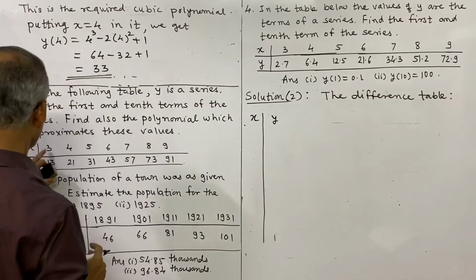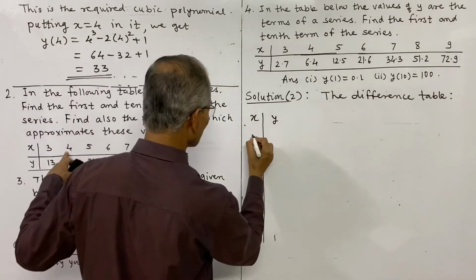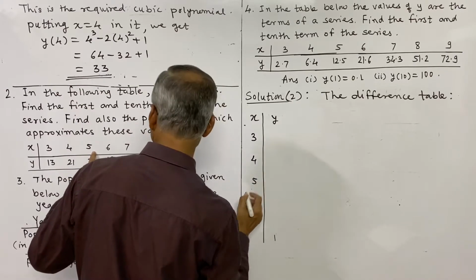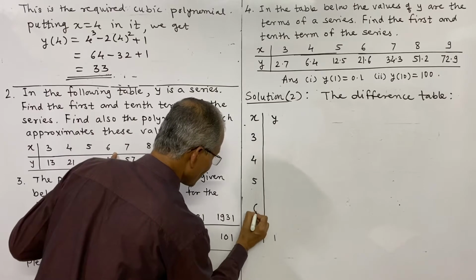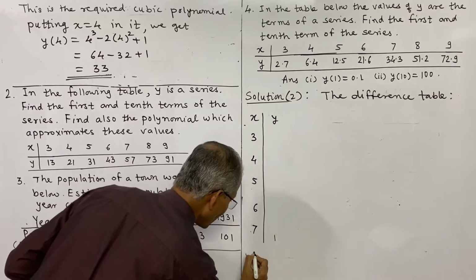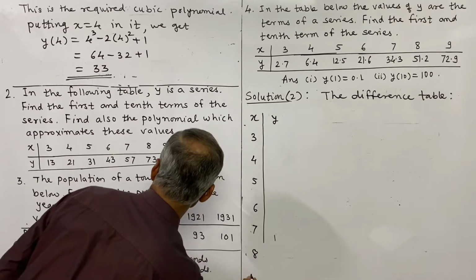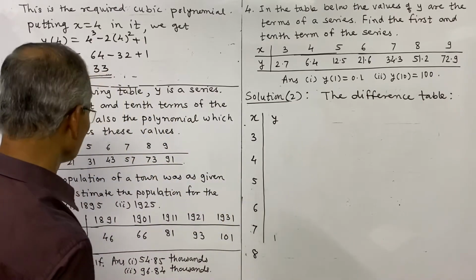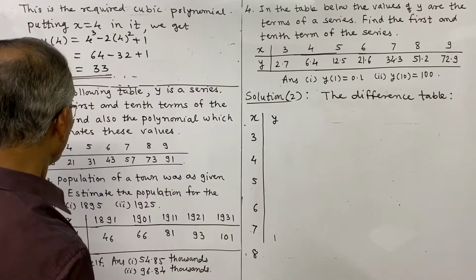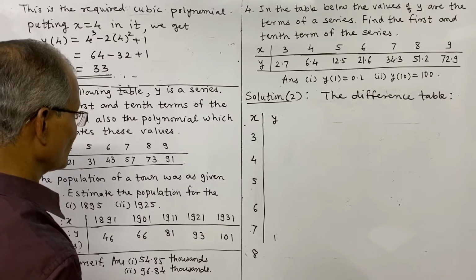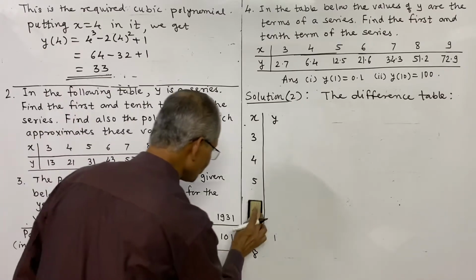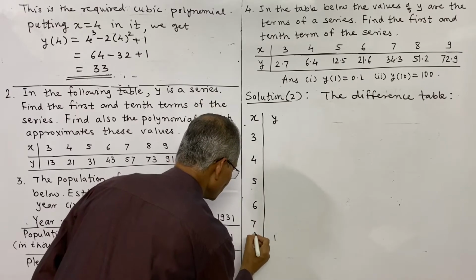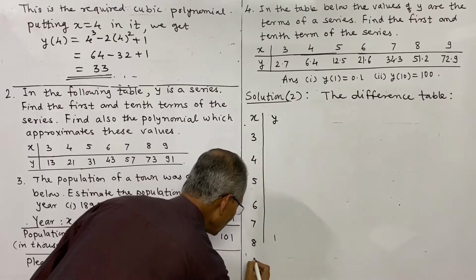The values of x are 3, then 4, 5, 6, 7, 8, and 9.